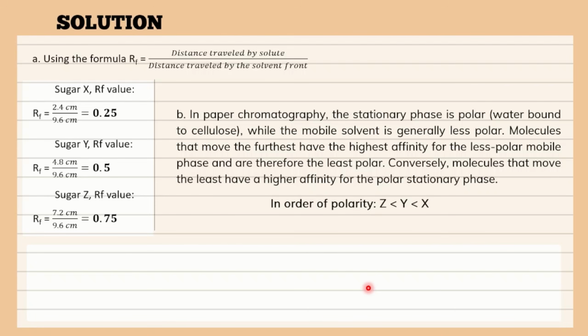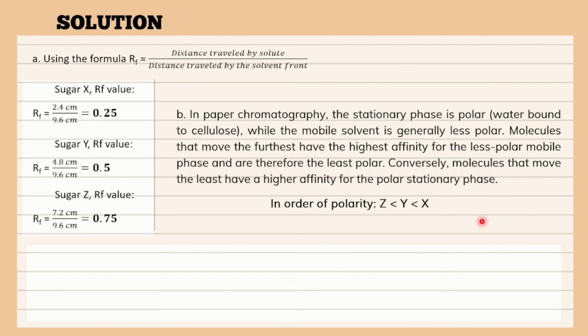Since we are talking about increasing order of polarity, the shorter distance and smaller RF value would be the most polar. So it's Z, Y, then X being the most polar.